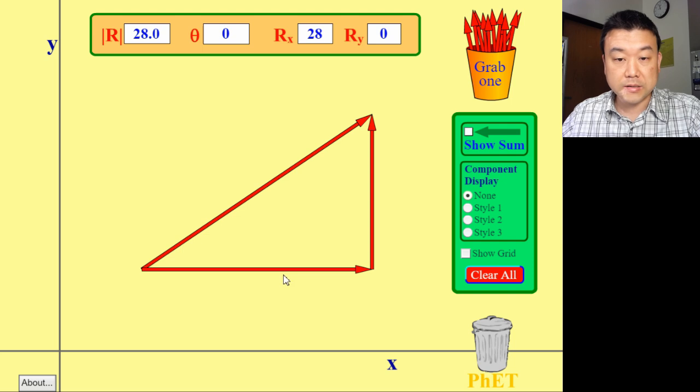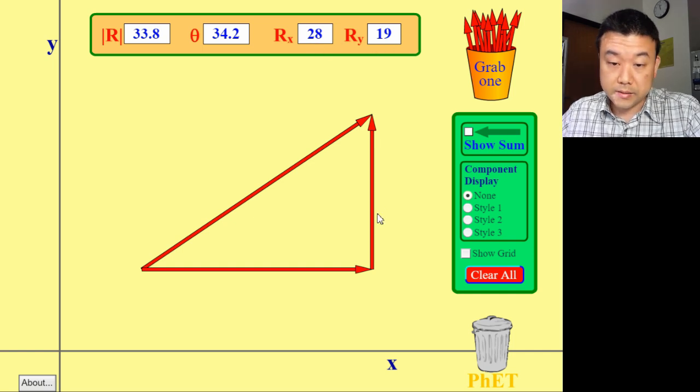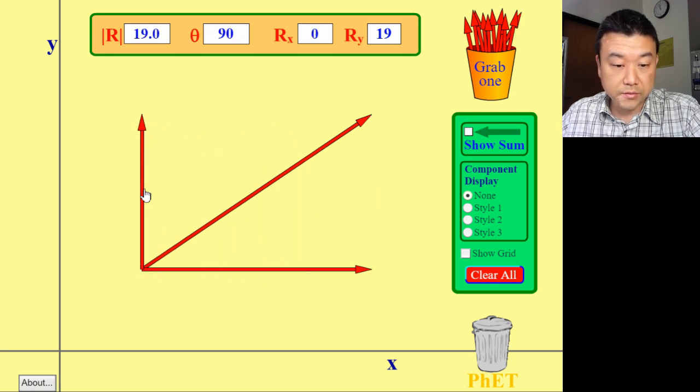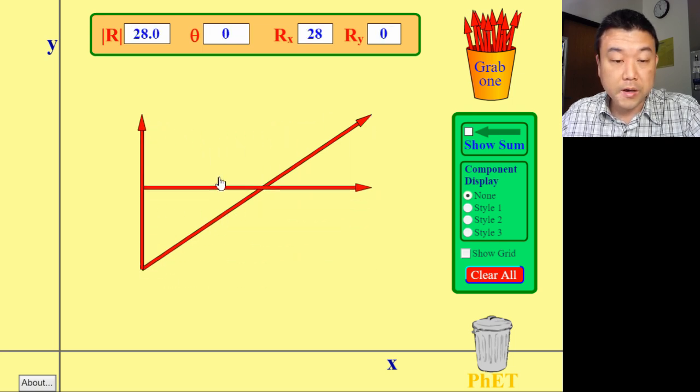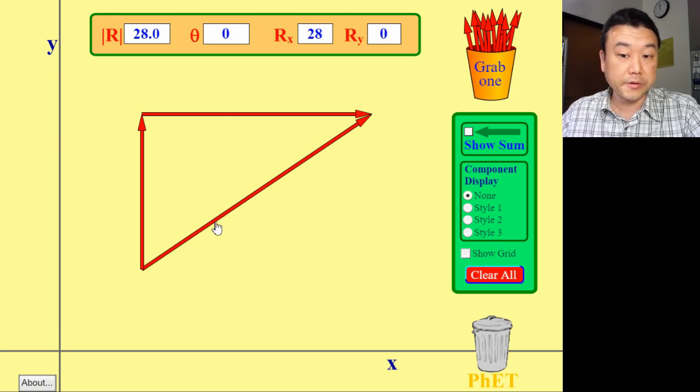So this is the x component, and you can see in the number here that it has a length of 28. This vector is its y component, and you can see here that it has a length of 19. And when you look at the whole vector, it has an x component of 28 and a y component of 19. And with these vector additions, you can swap the order, and you see that you get the same result if you add these two arrows in any order.